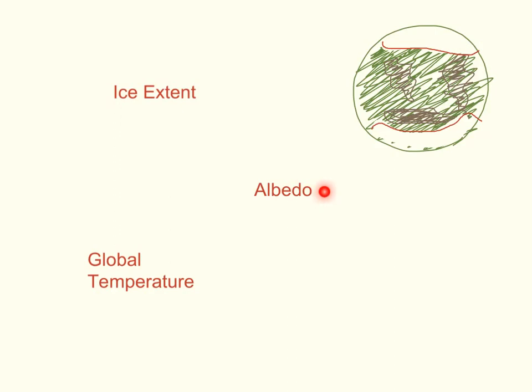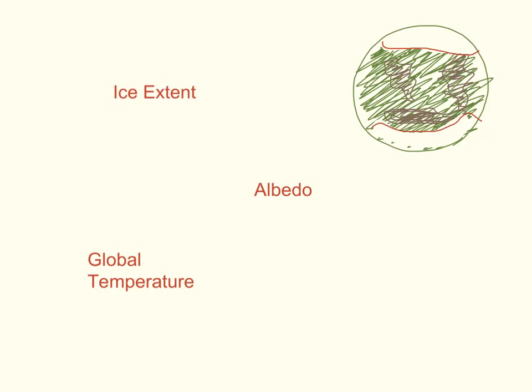Obviously, as the planet has a higher albedo, less of that radiation is going to be absorbed by the planet, and that's then going to modify the global temperature. So what we're going to try to draw here is how this feedback loop actually works.